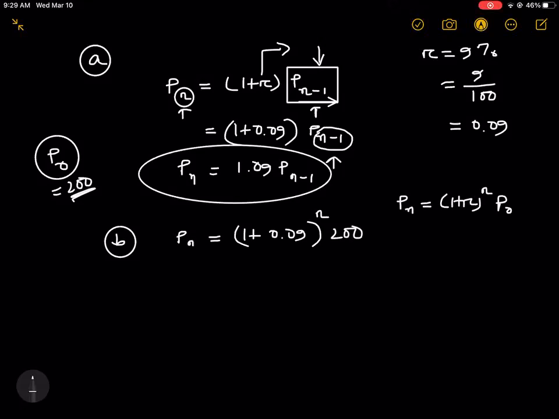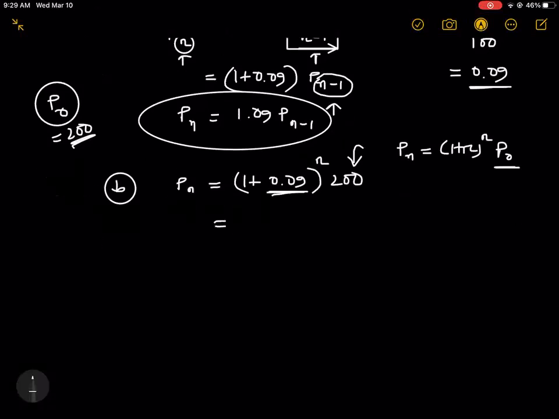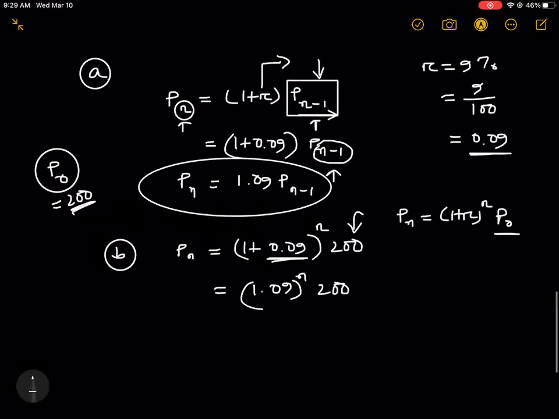This time you can see it's P naught. The general format has P naught in it, so you can start with this. Our r is 0.09, so we plug it in. If we simplify it, we have 1.09 to the n times 200,000. This would be the explicit form of this particular problem.